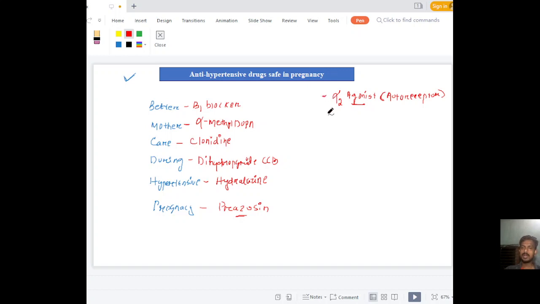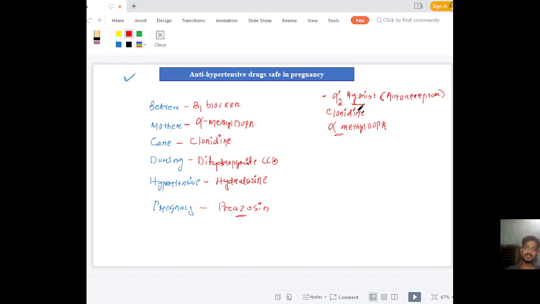The alpha 2 agonist drugs are clonidine and alpha methyldopa. Alpha methyldopa is a prodrug. It is converted to alpha methyl norepinephrine, and it activates the alpha 2 receptor. Due to the activation of alpha 2, the release of the neurotransmitter is decreased.